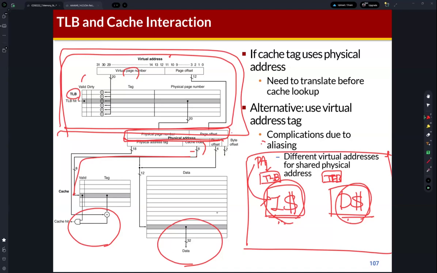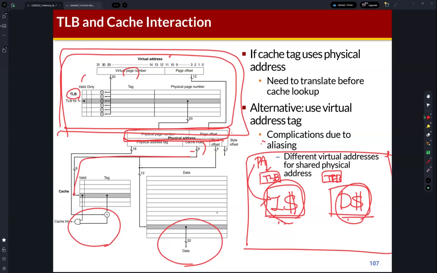So this is the hardware. The CPU will consume additional cycles for accessing the TLB. So in order to access the data caches, we may require additional cycles for accessing the TLB. So this is the problem, which means that hit time can be increased.